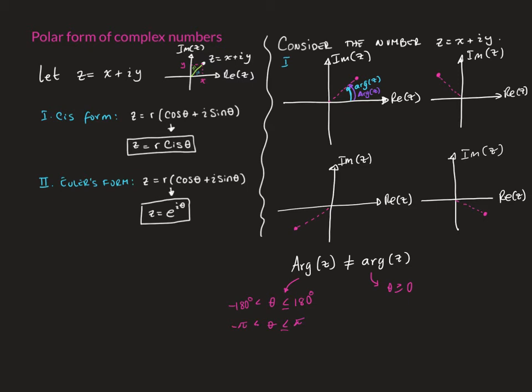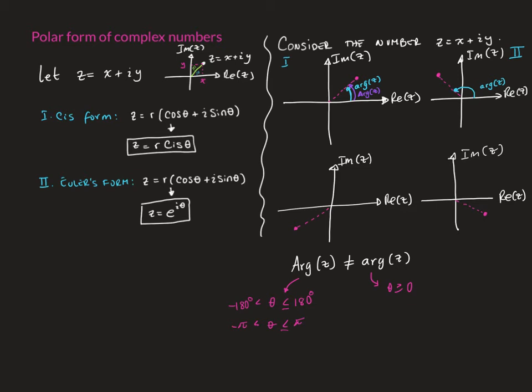Now in the second quadrant, the argument of the function is going to go counterclockwise towards the number like this. So this is going to be the argument of the number z. And the principal argument is the same definition.